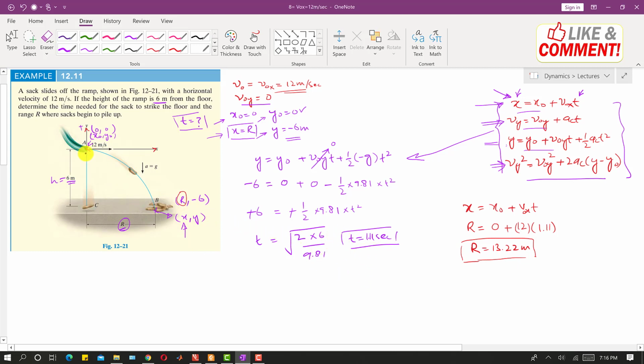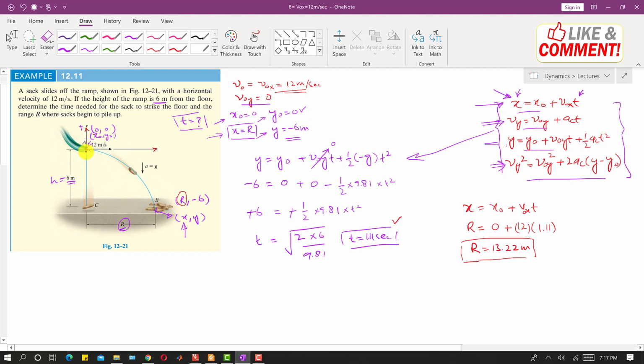Now if the sack was released from rest at this point A in this direction, the time for the sack to reach this point C will also be exactly the same. If we consider only the vertical motion of the sack from A to C, the initial position of the sack is 0, and it will travel 6 meters in the negative y direction, so that is minus 6, and the velocity in the y direction at this point is 0.